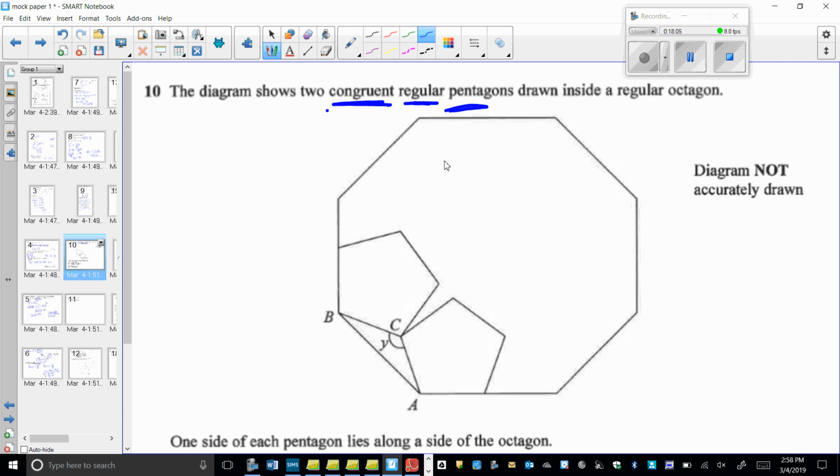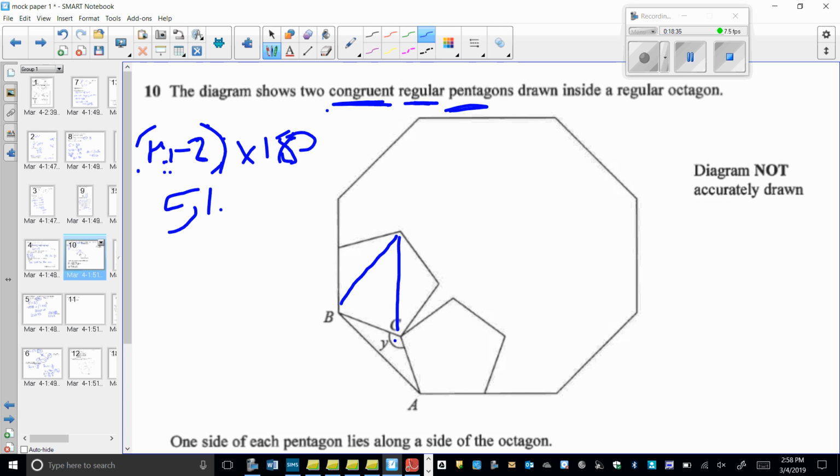If you didn't remember the rule for interior angles of a polygon, which is n minus 2 multiplied by 180, then you can always just cut your shape into triangles and see there are 3 triangles there. And so the interior angles are going to add to 3 lots of 180, so 3 lots of 180 is 540.